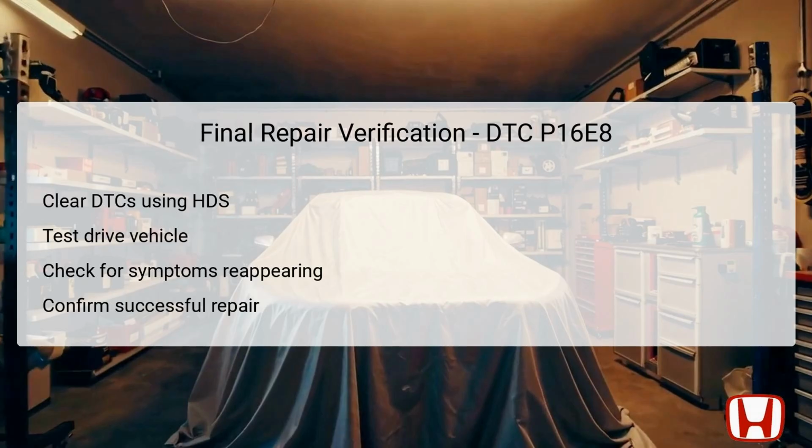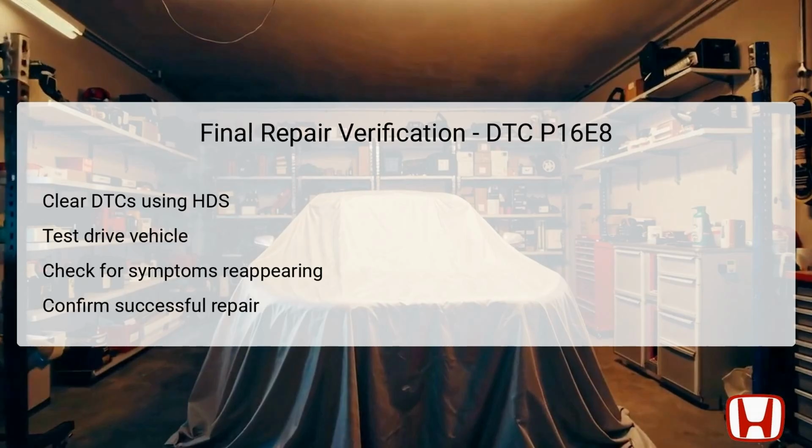Start by clearing any residual DTCs from the system using the HDS, resetting the onboard diagnostic monitoring strategy. Following the clearance, a test drive should be conducted to evaluate overall vehicle performance and ensure no symptoms related to the shutter grille communication errors reappear during operation.